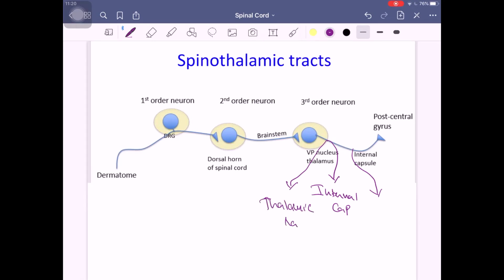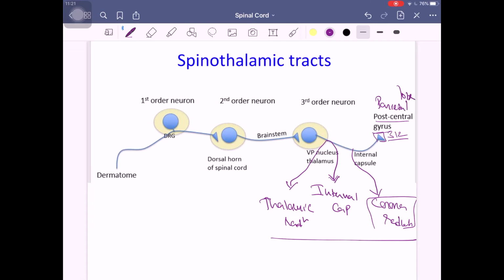As soon as it comes out, it passes through the thalamic radiation, fibers coming from the thalamus, then they pass through another bundle of fiber called the internal capsule, then they go through another bundle called the corona radiata. This is all white matter only. So from your thalamus till your cerebral cortex, this entire white matter is divided into these 3 parts: thalamic radiation, internal capsule and corona radiata, and finally it ends in areas 3, 1 and 2 in your post-central gyrus, which is located in your parietal lobe.